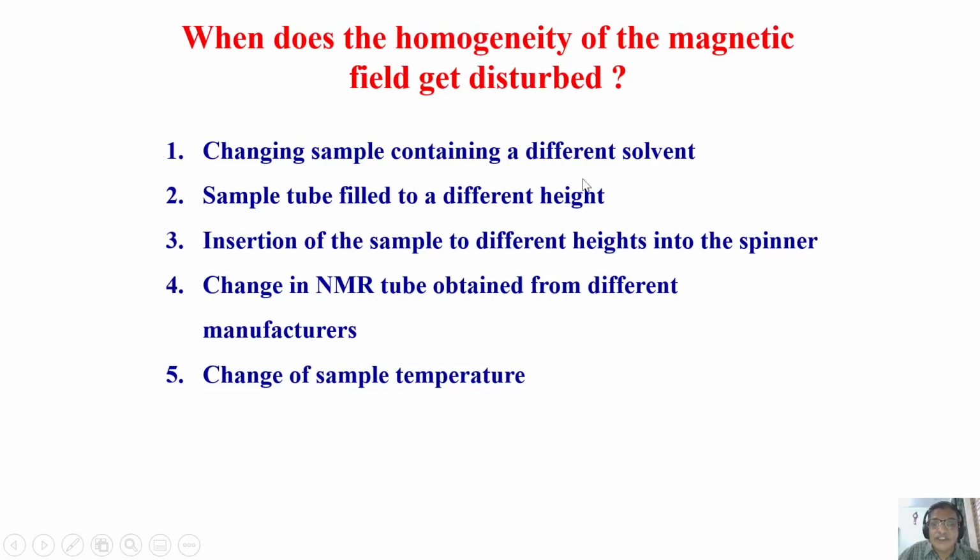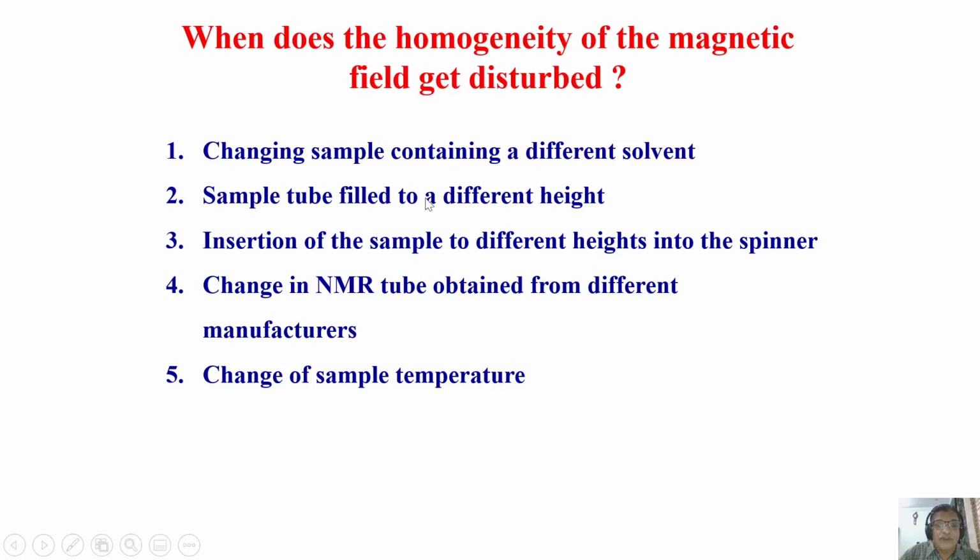See, consider changing the sample to one containing a different solvent. I have a sample prepared in chloroform. I tune it because it has one diamagnetic susceptibility for that sample. I change that sample, put a different sample with a different solvent. Again, the susceptibility of the sample will be different, and because of that, the field will be different. Homogeneity will be different.